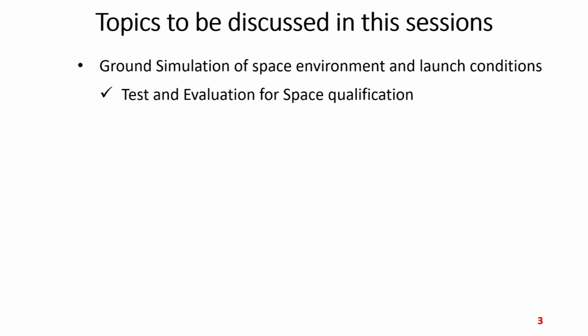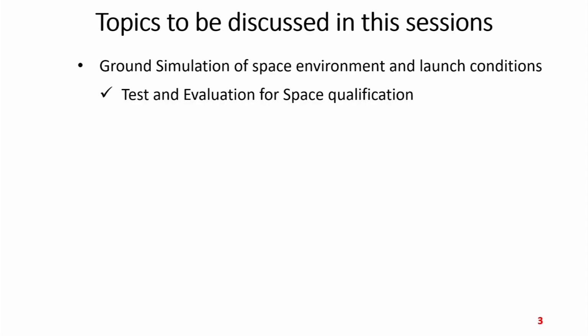For that, what is needed is test and evaluation, and the test and evaluation is done by creating or simulating the space environment, and this is needed for space qualification.